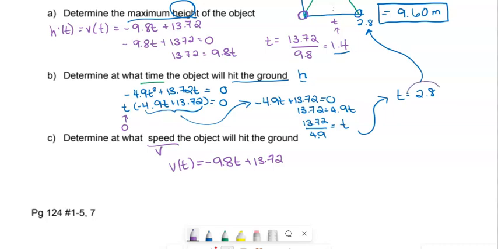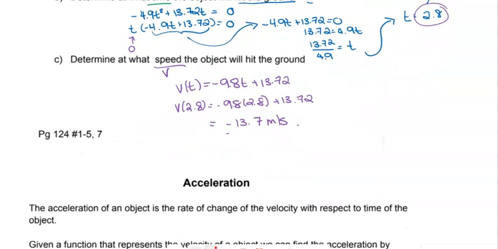And I know the time that it hits the ground, so I'm going to go ahead and plug that in. And put that into my calculator, and I'm getting negative 13.7 meters per second. Makes sense that it's a negative because it is on its way down.